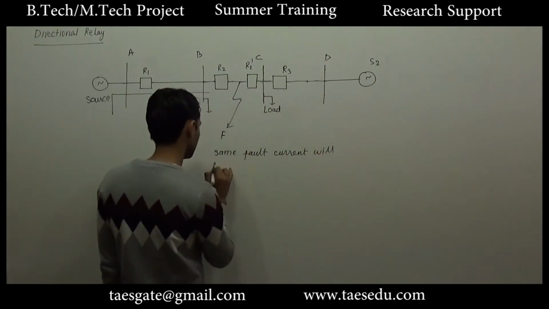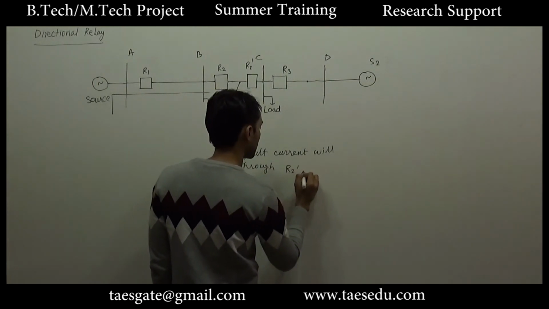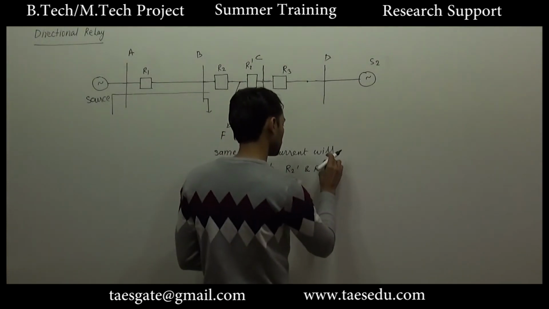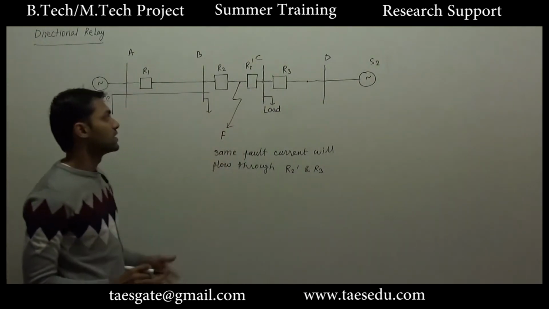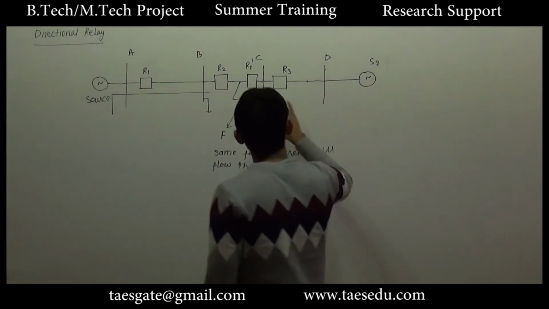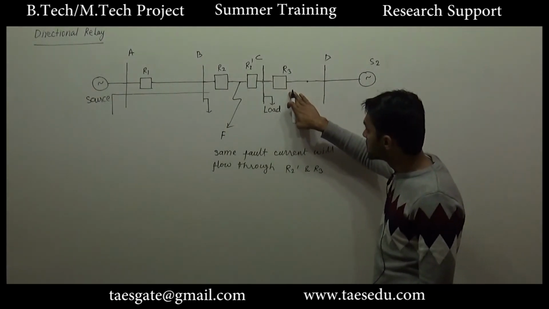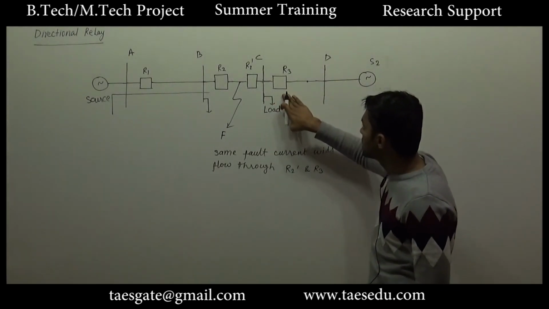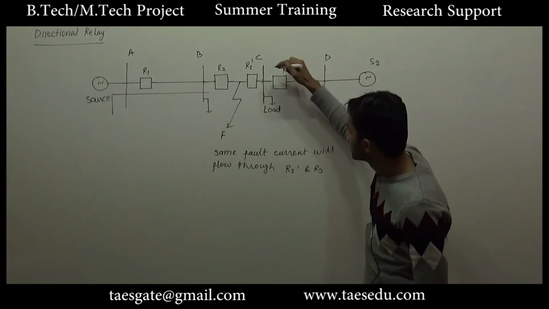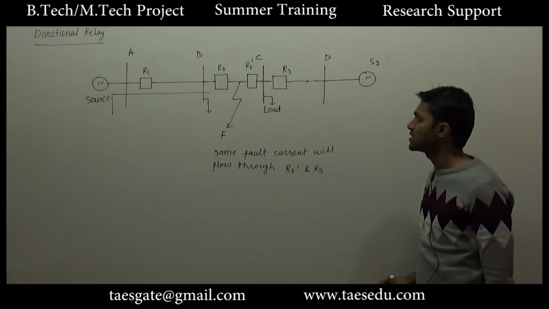So both of these relays will compete for their operation. If R2 dash operates prior to R3, then it's okay, but there is an equal chance that relay R3 will operate prior to R2 dash. So in that case again we will have the same problem of the disconnection of load at the bus C.